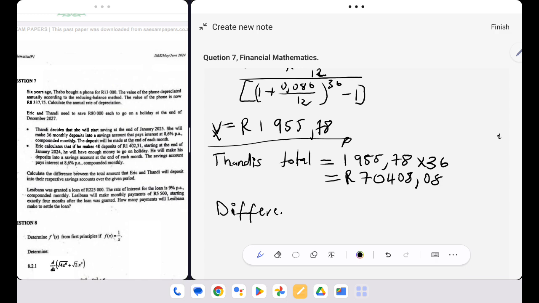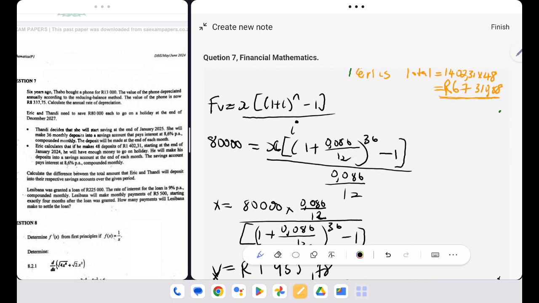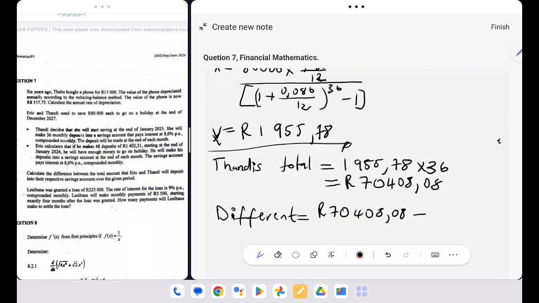So the difference in their total payments, since Tandy is paying more money, I'll just take her money and subtract it from the one being paid by Eric, minus Eric paid 67,310.88.